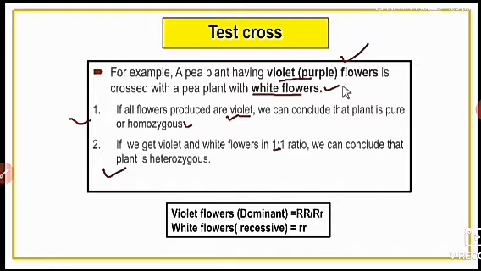So, like this, we can conclude homozygous or heterozygous. For this we have studied the example of violet flower as the dominant character, capital RR or capital R small r, both showing violet flower, and for the recessive, the white flower, small rr is the genotype.